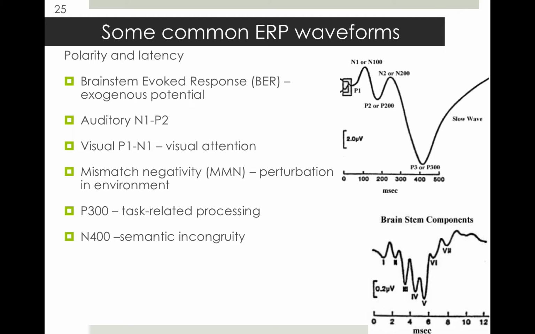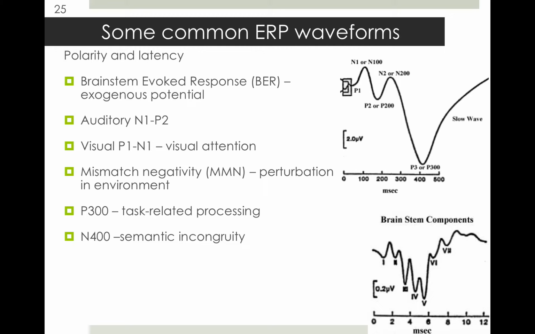We label these with polarity, which is either positive or negative, and with latency, which is how long it took for the event-related potential to show up in the brain. For example, an auditory N1P2 means there's a negative waveform around 100 milliseconds, because N is for negative and 1 just means 100. That's followed by a positive component at around 200 milliseconds after the onset of the stimulus.